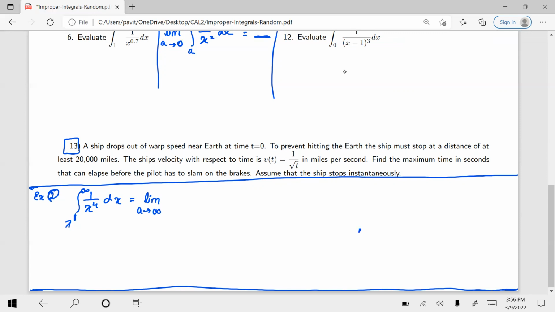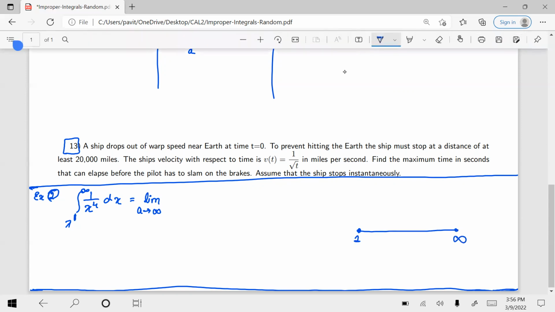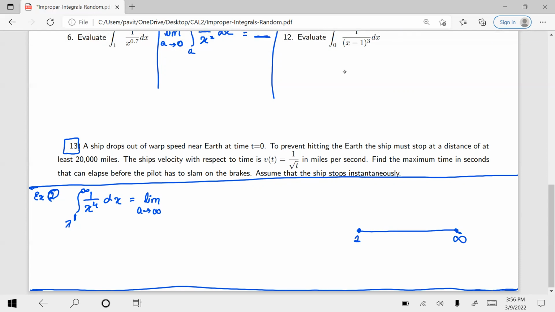I am finding the area from point 1 to infinity. I do not know where that infinity lies. So I am literally finding some area between these 2 points. But when I plug in infinity to the function, I get area 0, right? Which is not true at all. Agree?